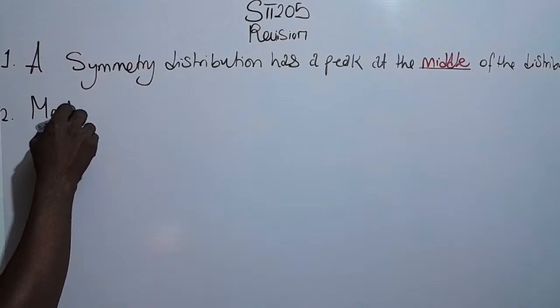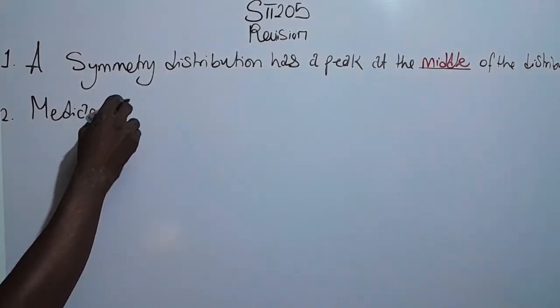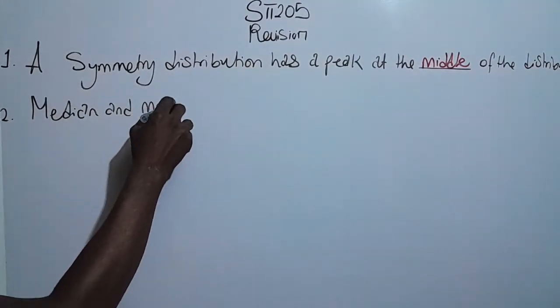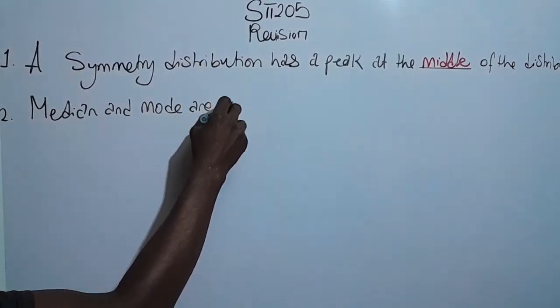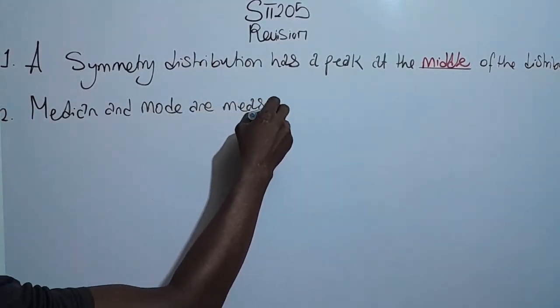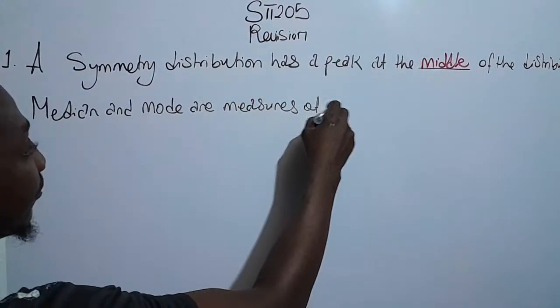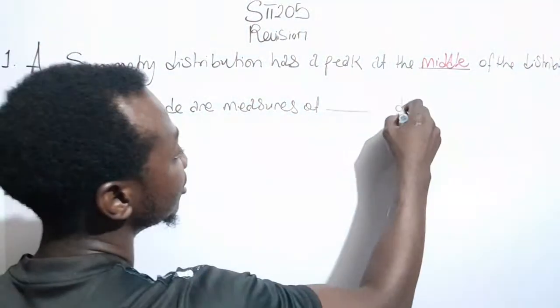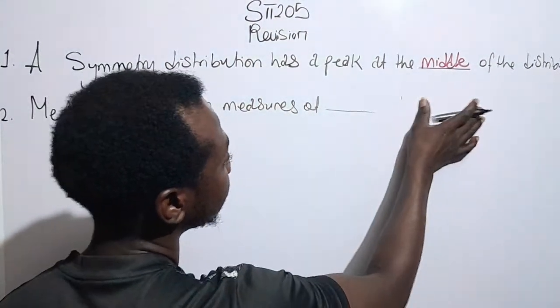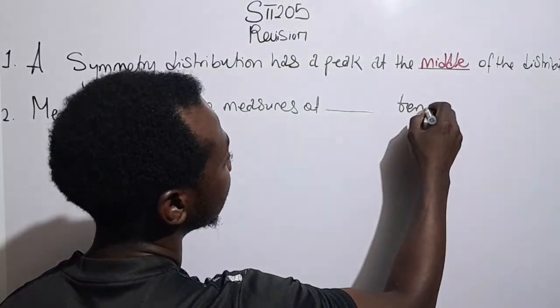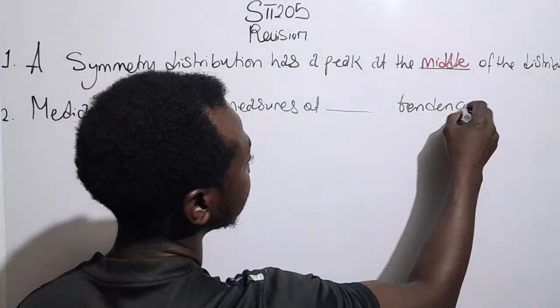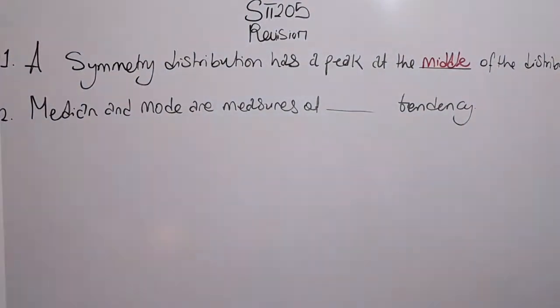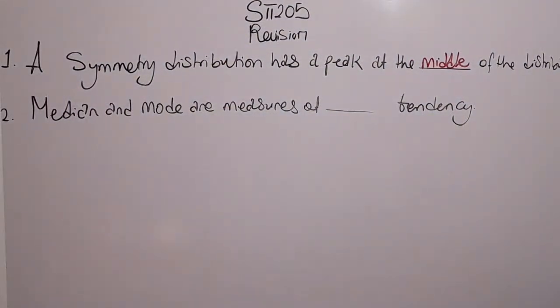Median and mode are measures of dash tendency.